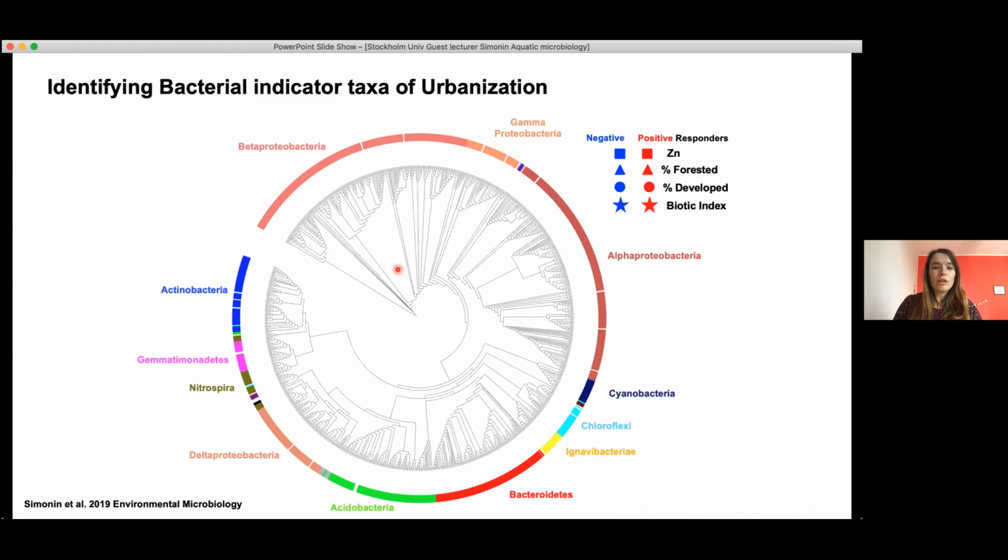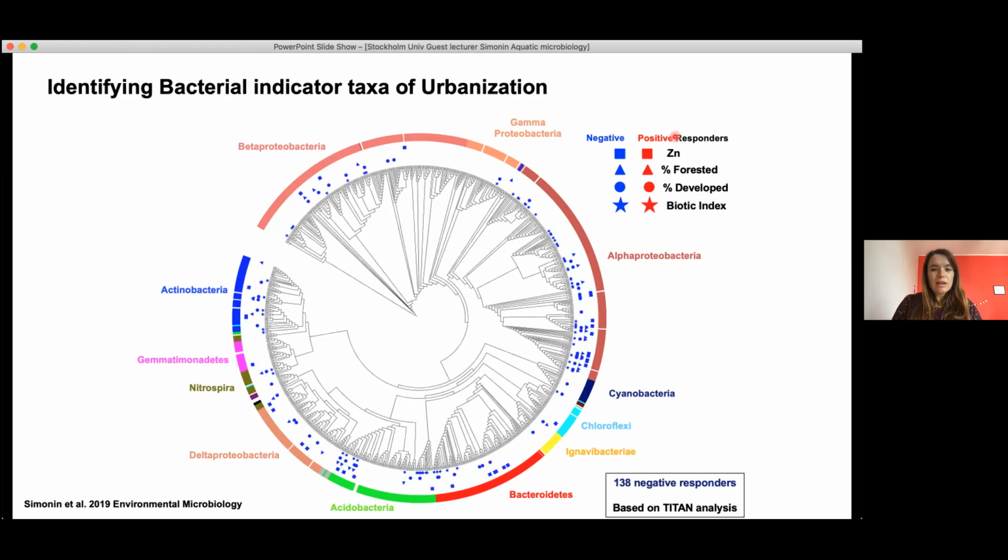And so here I'm showing you the tree of all the bacterial taxa we observed in 40 rivers. Each branch represents a taxon, and here are the different phyla or classes. I'm going to show you on this tree which taxa were found to be negative responders to urbanization in blue or positive responders in red. They have different symbols depending on if they were identified based on biotic index, development, percent forested, and so on.